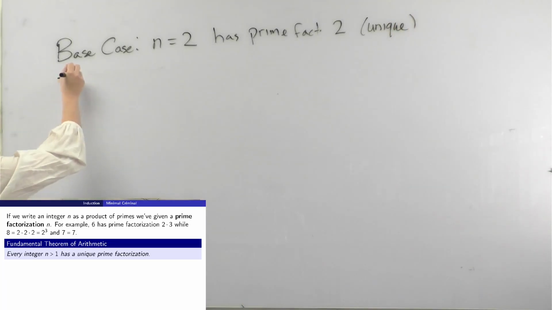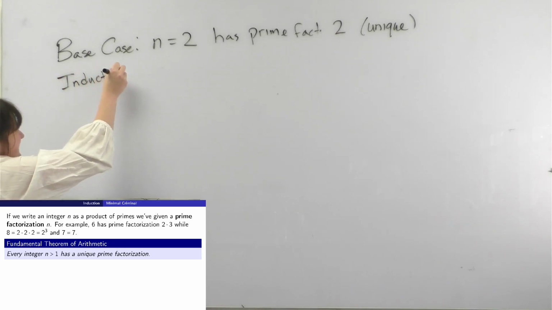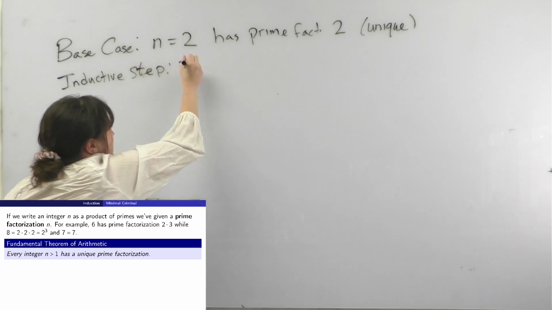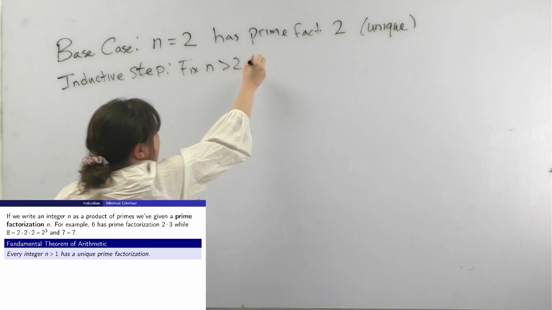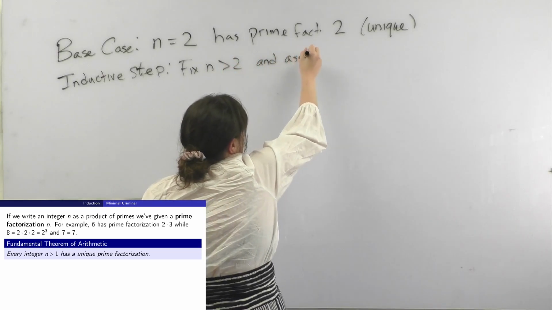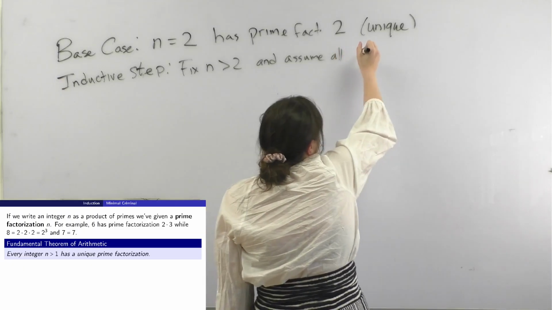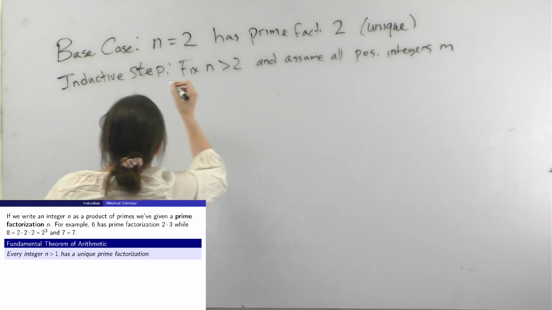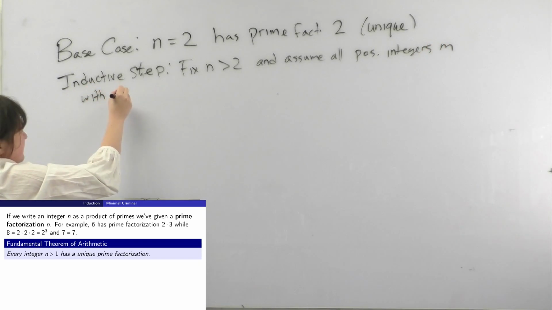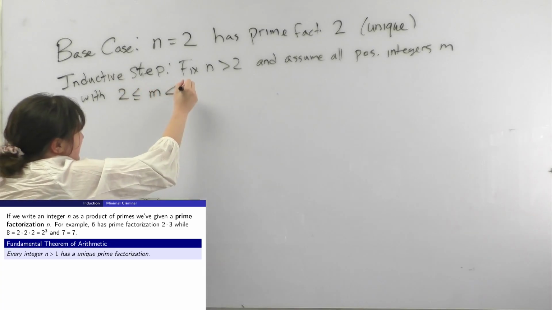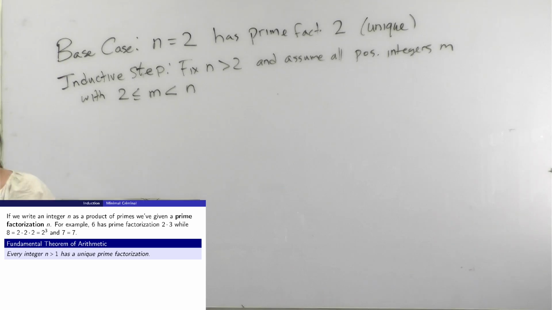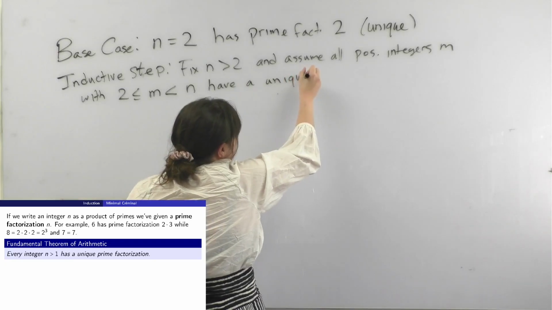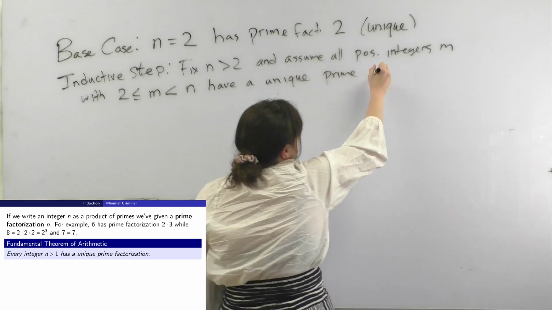So my inductive step then. I'm going to fix n bigger than 2 and assume all positive integers m with m at least 2 and strictly less than n have a unique prime factorization.